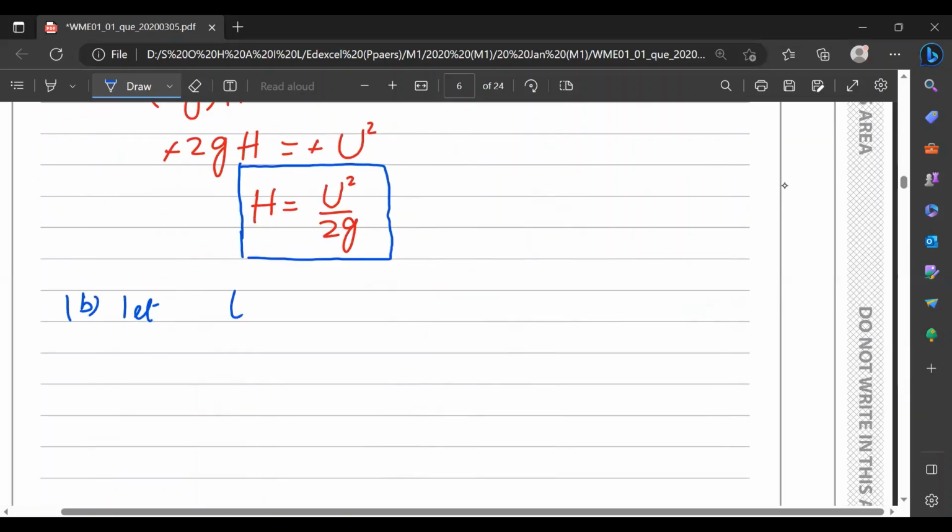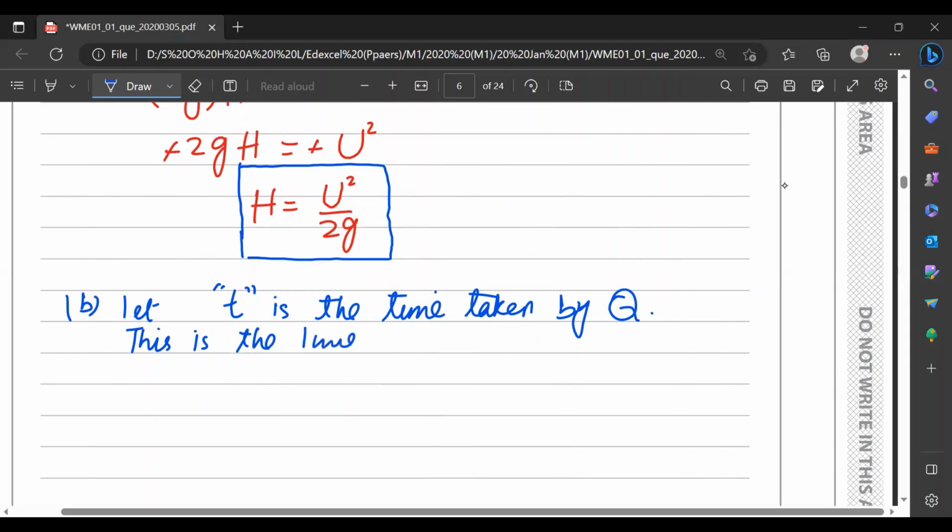Let T be the time taken by Q. This is the time taken by P during downwards motion.